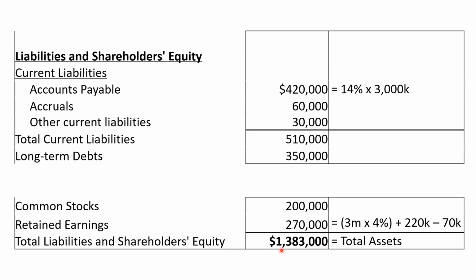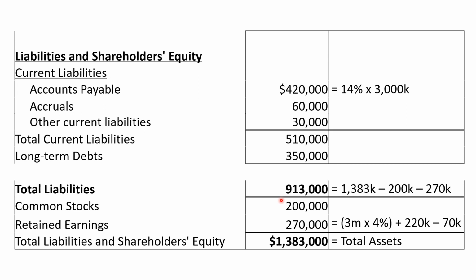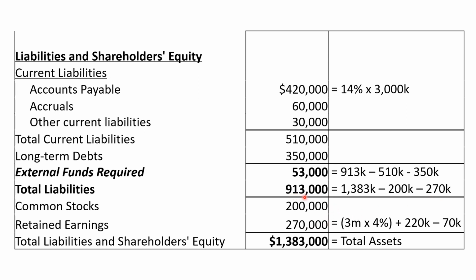So we know there's 1,383. This is a balance sheet, so definitely we have to balance with the total assets. Now from here we work backwards to get the total liabilities. With this figure 1,383, you minus 200 minus 270, which gives you 913k.